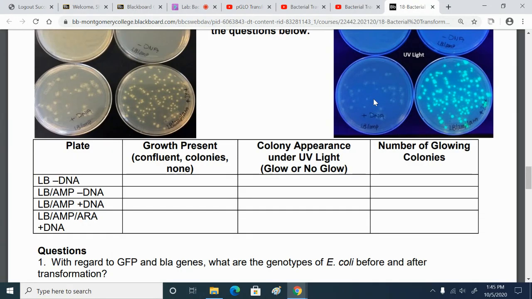Is it because it contains the plasmid? Well, it's all about the plasmid, but give me some details.